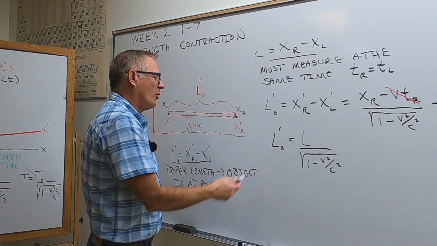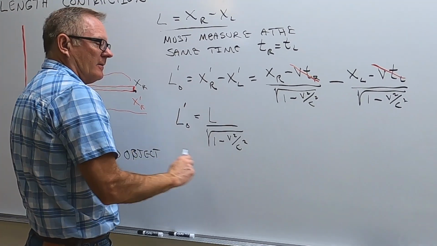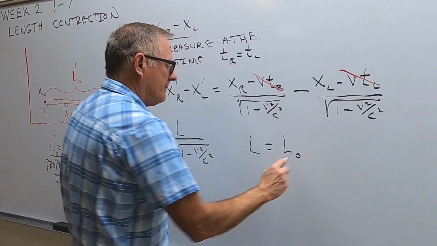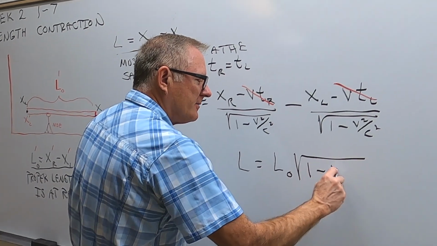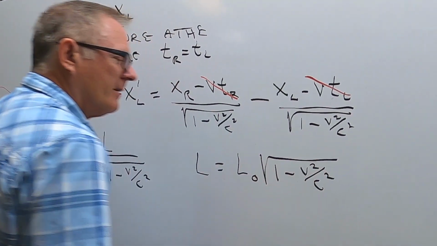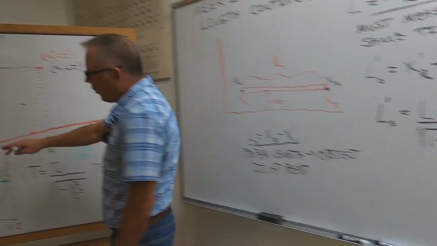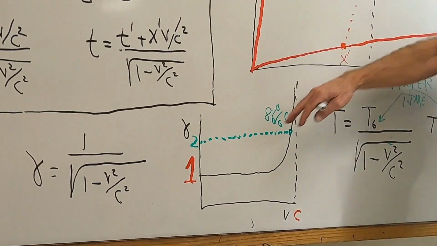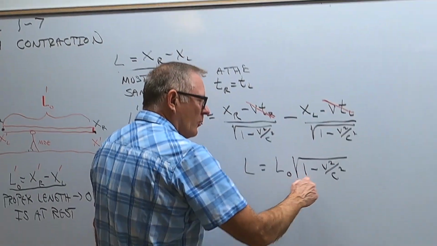We don't want to know what Mary sees, we want to know what Fred sees, so we want to solve for L. L then is equal to L naught times the square root of 1 minus v squared over c squared. Since 1 over the square root of 1 minus v squared over c squared is bigger than 1, when this is in the numerator, it's less than 1. So this number right here is less than 1.